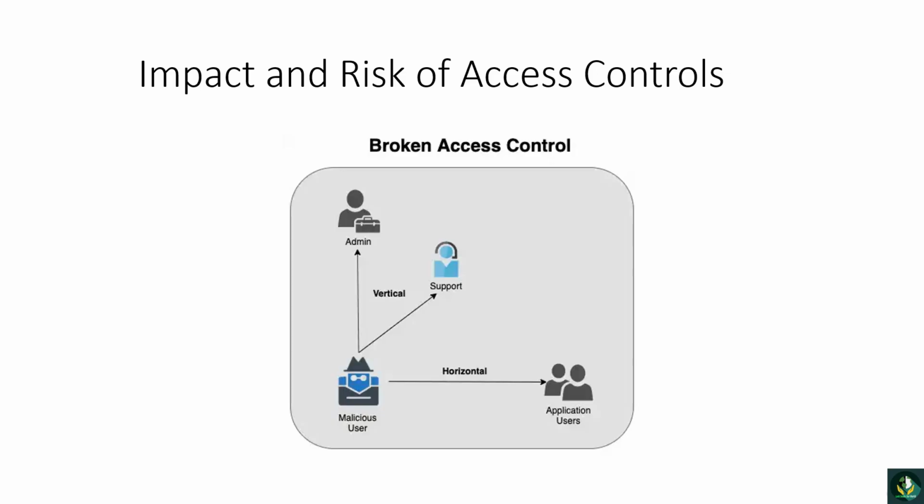So let's talk about the impact and risk of access control. Broken access control can put an application at risk of data breach, usually resulting in a loss of confidentiality and integrity. An adversary can steal information accessed by users and manipulate data by performing actions that various user roles can perform within the application, and in certain circumstances compromise the web server.